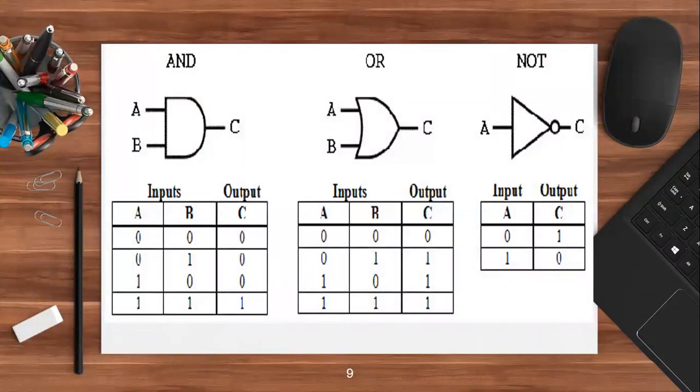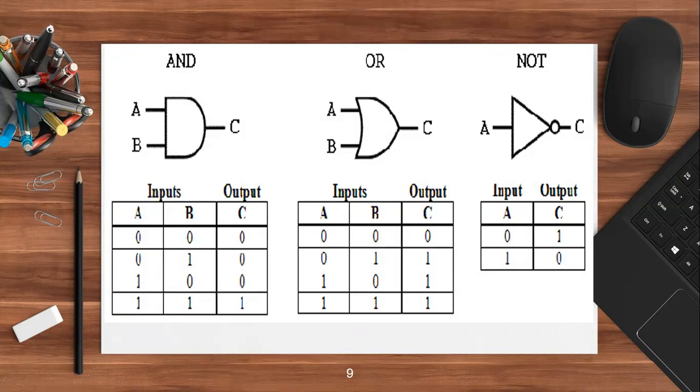AND gate. The AND gate is the implementation of the AND operation. The symbol of the AND gate is this: two inputs A and B and one output, that is C. If both inputs are 0, the output is also 0.